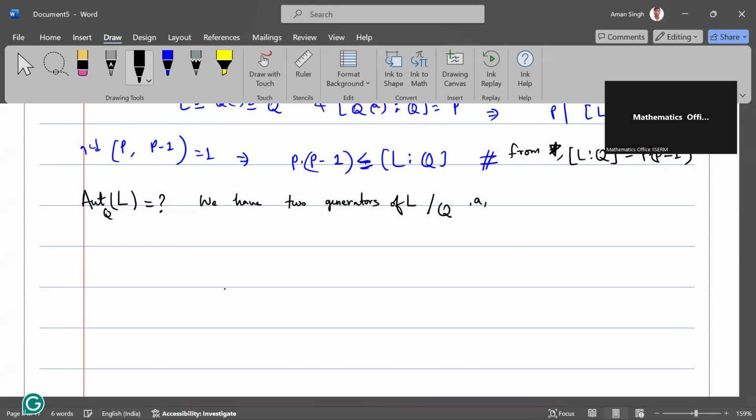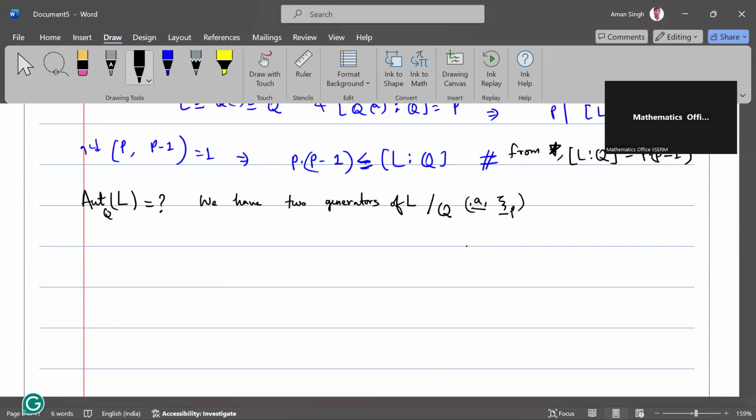They are a and zeta_p. So any algebra homomorphism or field automorphism, whatever, if you define where a is going and where zeta_p is going, then any automorphism is well defined, right?